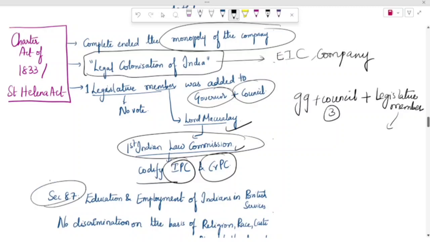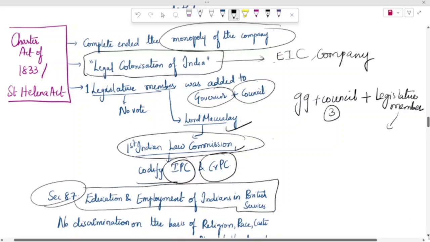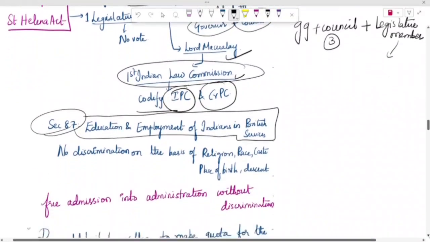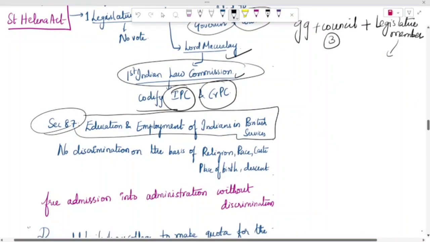Then Section 87 of the 1833 Act said that education and employment of Indians in British services should be made. So education and employment of Indian subjects.